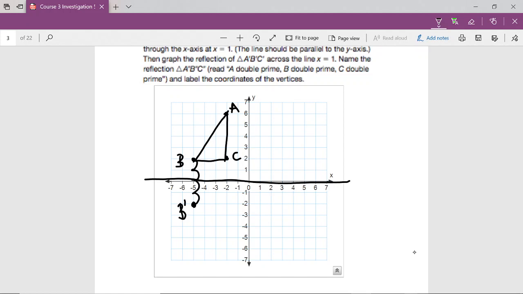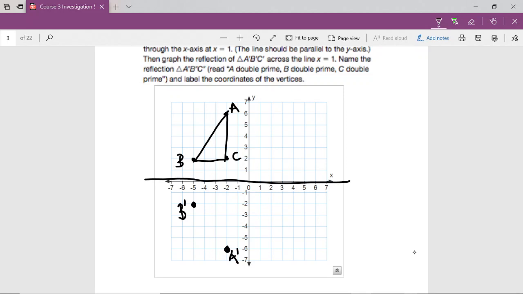So I could do the same for, let's say, A. That's 1, 2, 3, 4, 5, 6 units away from my line of reflection. So I could go 6 units on the other side to find the new coordinate for A prime.